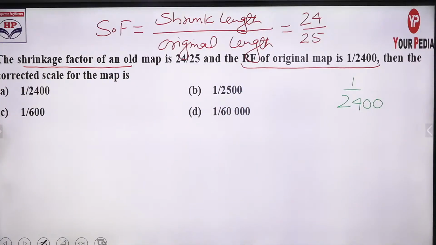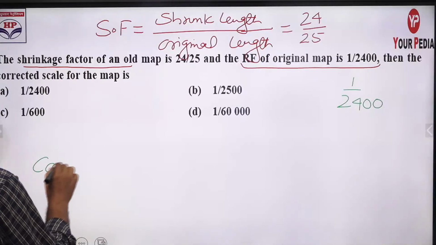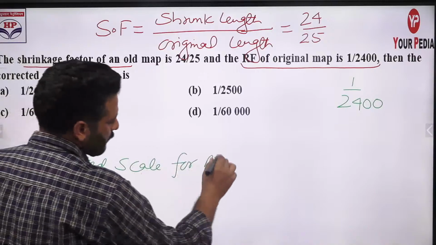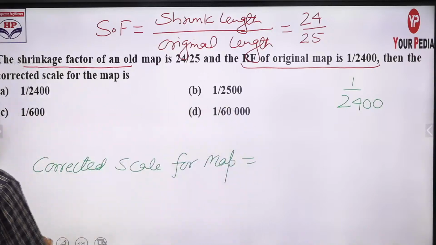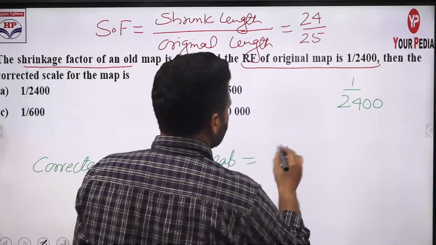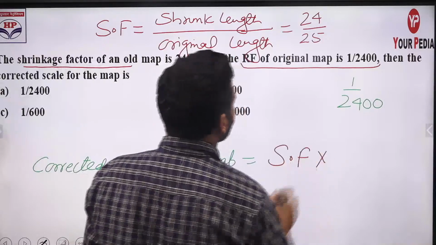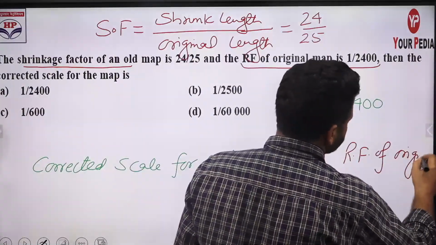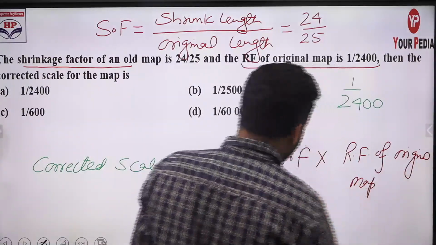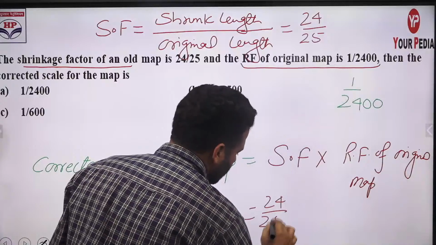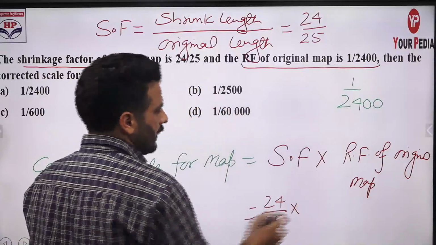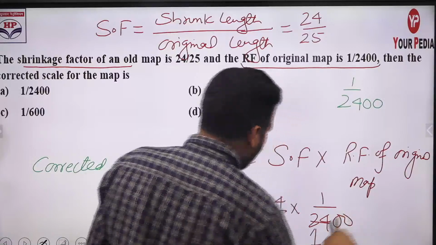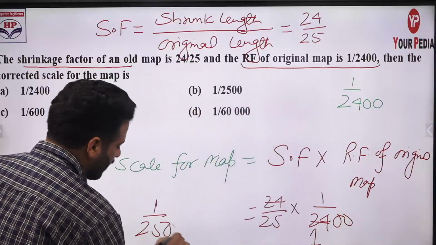So then the corrected scale for the map: how can you calculate the corrected scale for the map? The answer is this shrunk factor into the RF of the original map. Okay, the shrunk factor is 24 by 25 into the RF of the original map, 1 by 2400. 24 ones are 24, so kind of 100. 1 by 2500 is the answer.